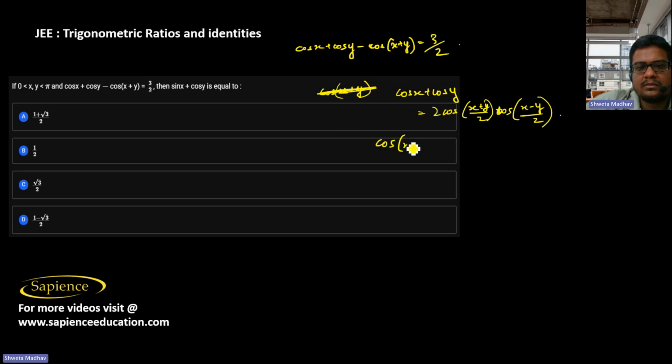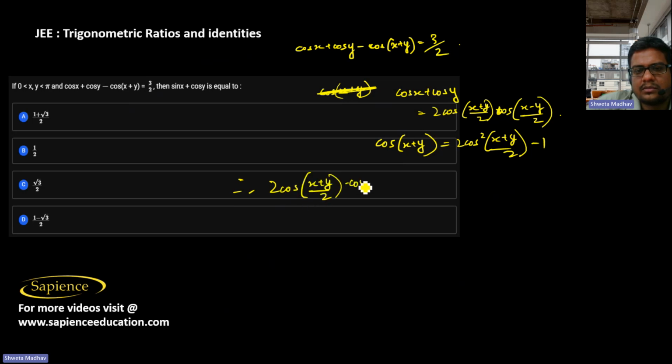And cos of x plus y, similarly, this is cos 2 theta, it is 2 cos square theta minus 1. It is 2 cos square (x plus y) by 2 minus 1. So therefore this given equation can be written as 2 cos (x plus y) by 2 into cos (x minus y) by 2 minus of 2 cos square (x plus y) by 2 plus 1, that is equal to 3 by 2.